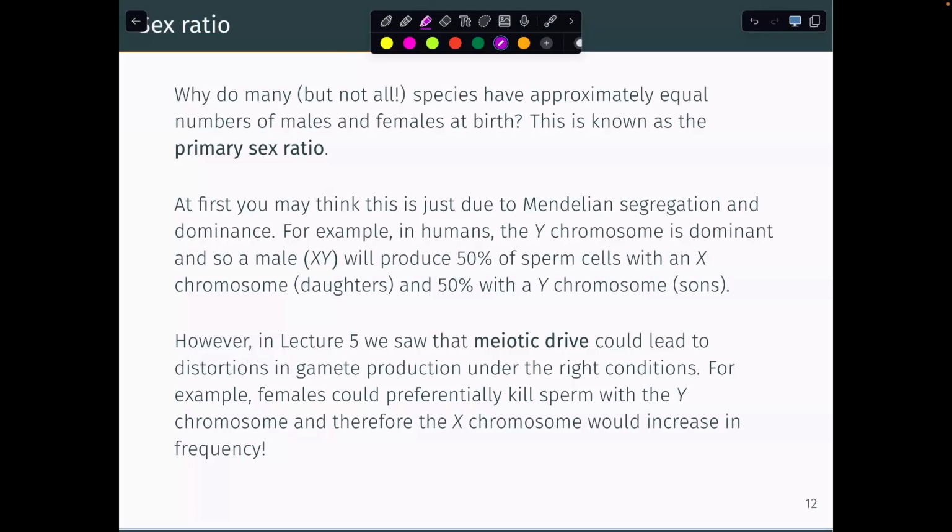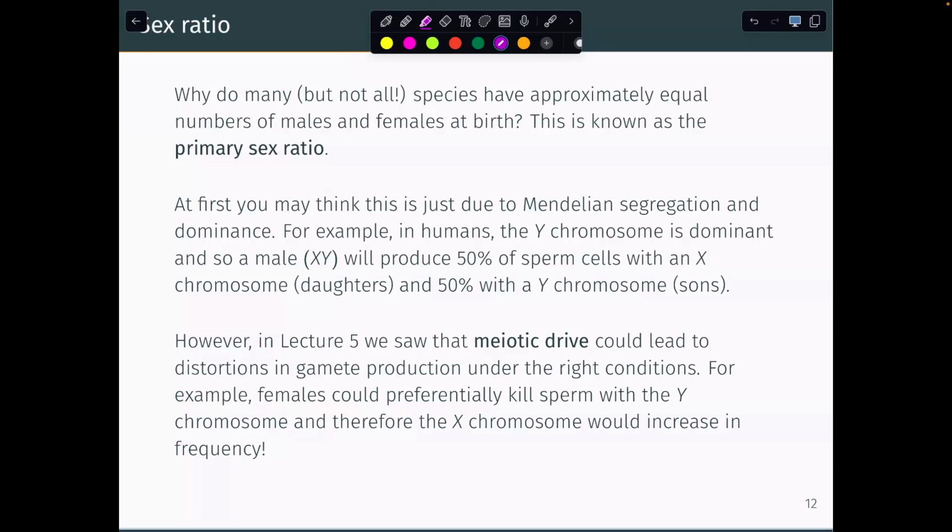If there was something on the X chromosome that said, we want the X chromosome to spread, again, evolution has no foresight, even if this crashed the population. Maybe there's something on the X chromosome that identifies and kills sperm with the Y chromosome. Likewise, in males, maybe there's something on the Y chromosome that kills sperm that have the X chromosome.